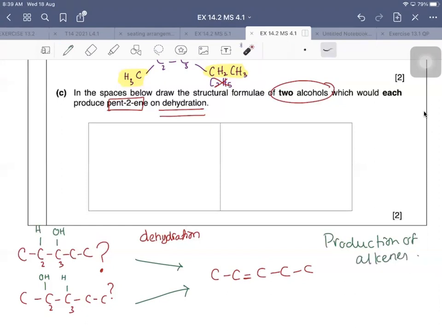So what happens during dehydration is that you will lose water. Dehydrate, lose water. So how do we lose water? We lose OH from one carbon and we lose hydrogen from the adjacent carbon.